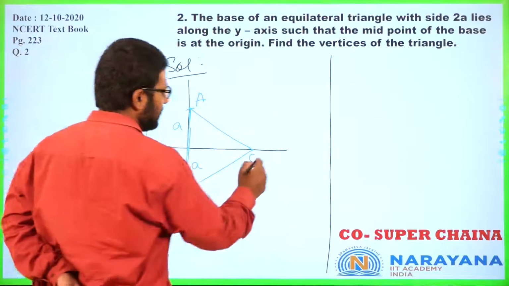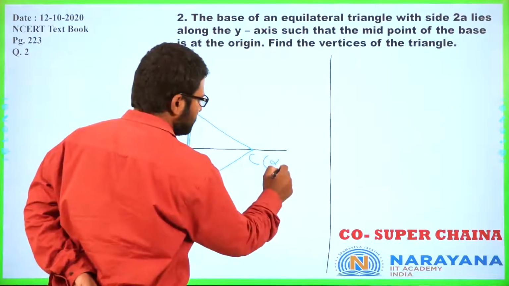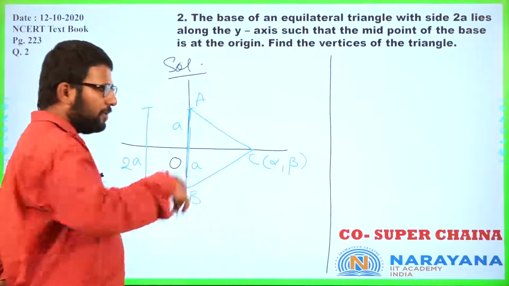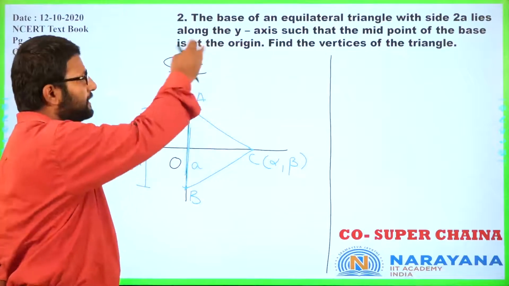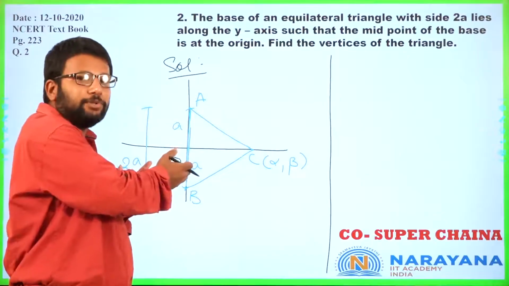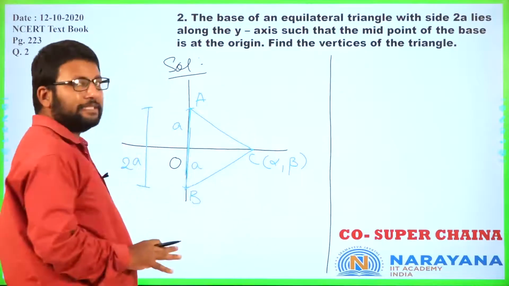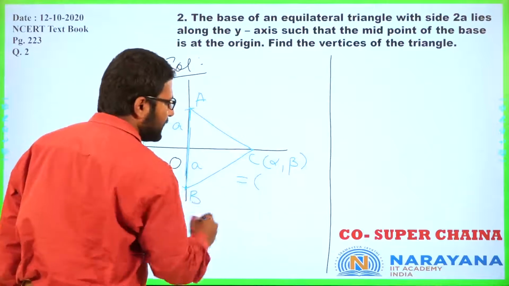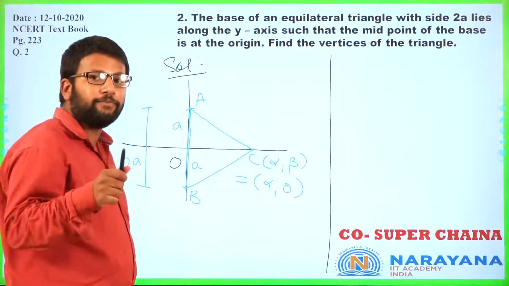So let C be, shall I take alpha comma beta? Once again, two unknowns, which means I need two equations, but no other information is given. So there is some inherent information that we should use. What is that? That any point on the x-axis, its y coordinate will be 0. So C alpha comma beta can also be written as C alpha comma 0. That is very important for you to understand.